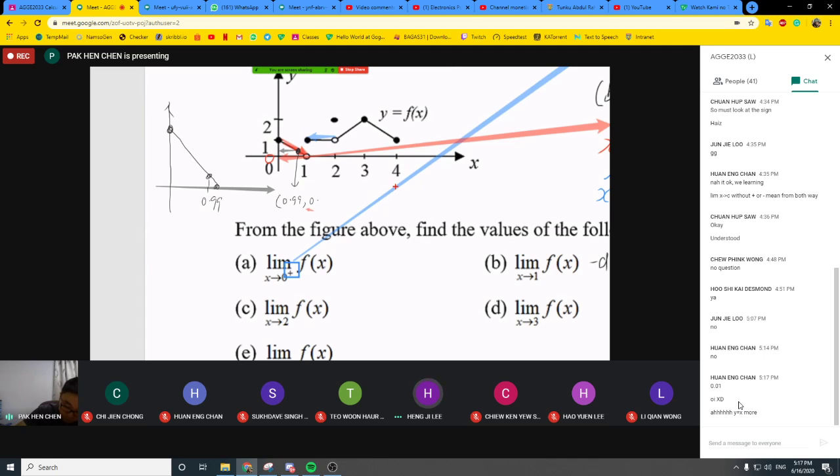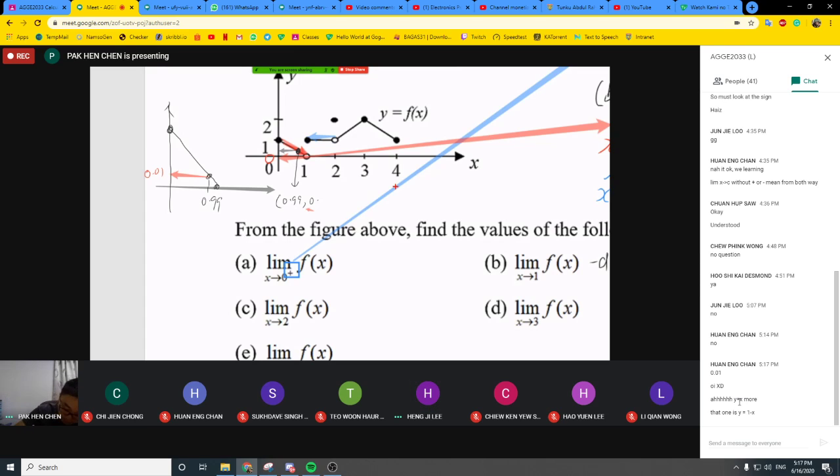You see the y value is what? Maybe it's 0.01. Correct or not? Okay, I make it nearer again. At 0.9999, it will be 0.001, isn't it? You can see the y approaches what? 0. Yes or no? Yes.